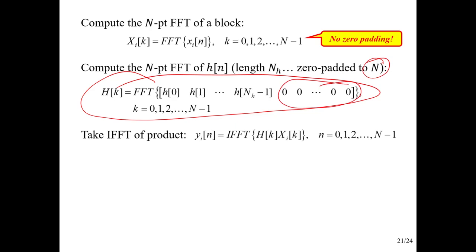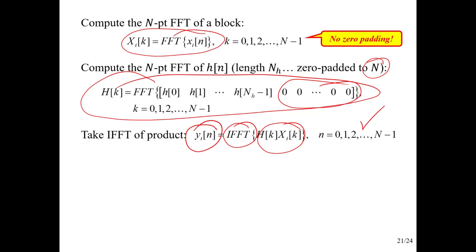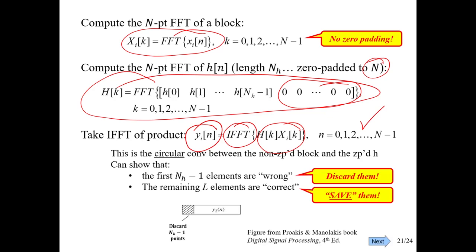Now, when we're processing, we take this computed DFT, do the product, do the inverse DFT, and we'll call that y sub i of n, and we'll have N values coming out of that. But only some of them are good. Which ones are bad? The first NH minus 1 values are wrong.